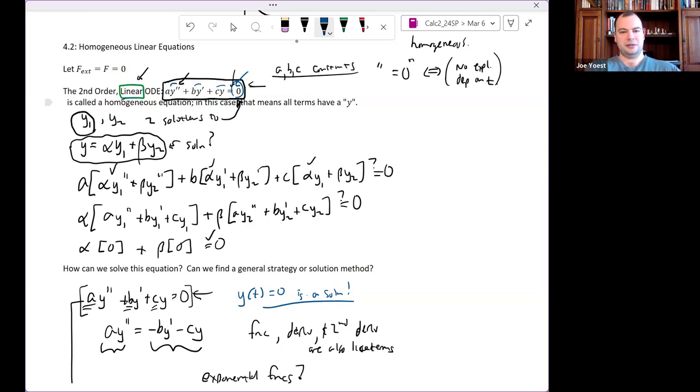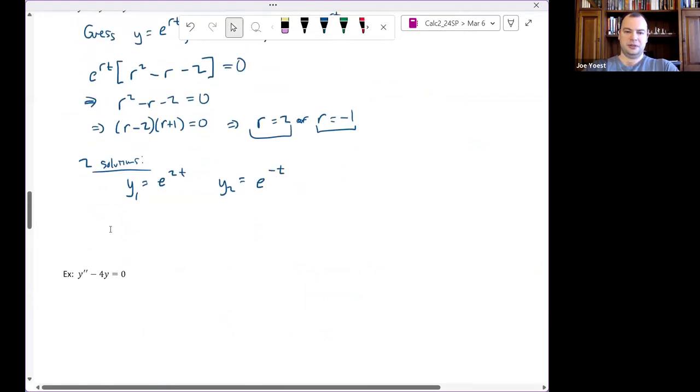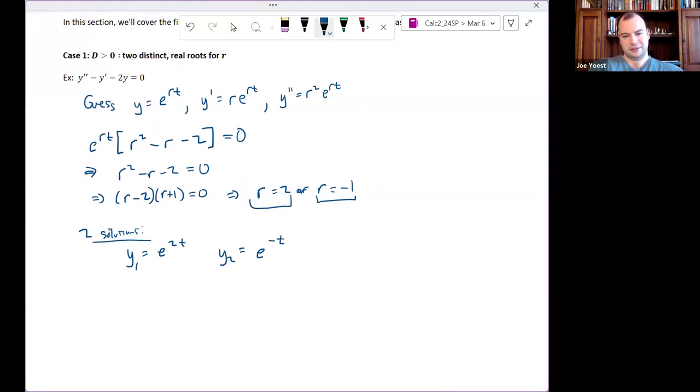This is a linear equation, which means that if I find two solutions, a linear combination of those solutions, constant 1 times y1 plus constant 2 times y2, will also be a solution. I could combine these two solutions together to get another solution. Maybe I'll call it A e to the 2t plus B e to the -t is also a solution.